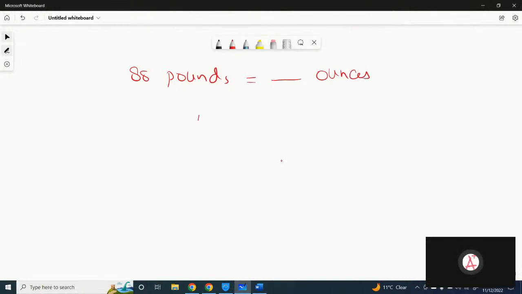And we know that in 1 ounce we have 16 pounds, isn't it? Oh, no, no, no. I think I have written that in 1 pound we have 16 ounces.